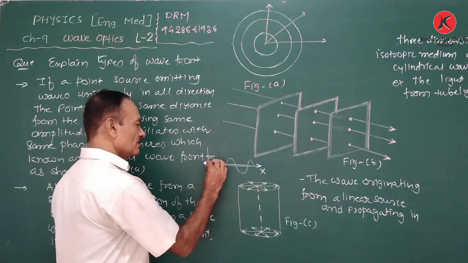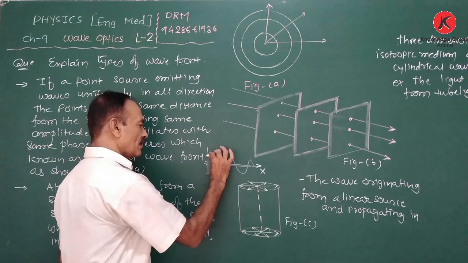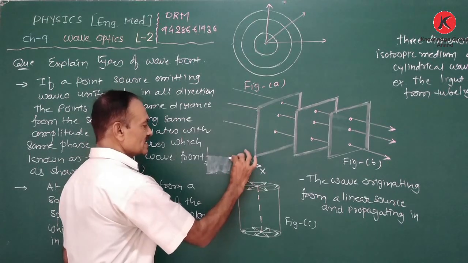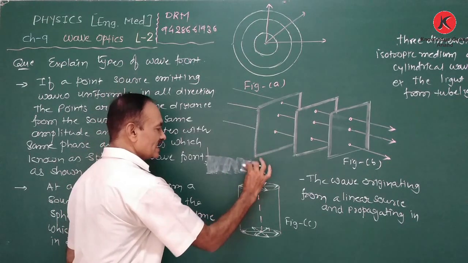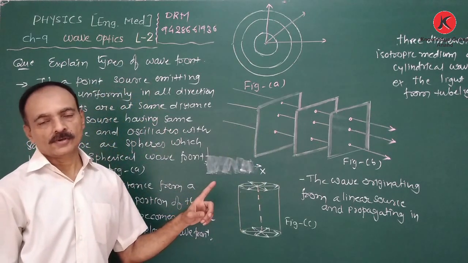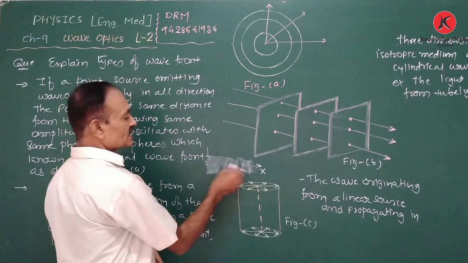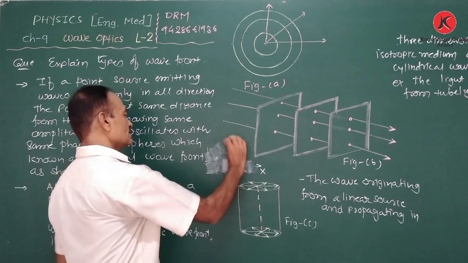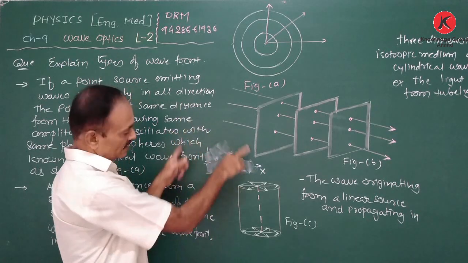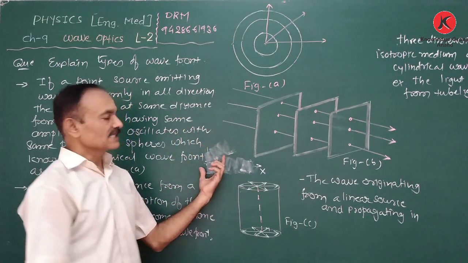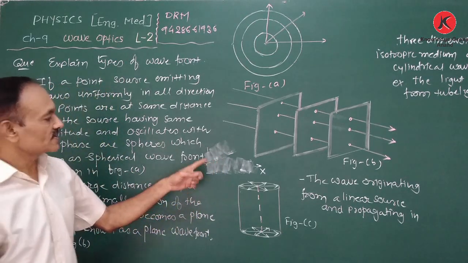The particles of the medium oscillate about their mean position this way, and this disturbance propagated in this direction is known as a wave. In water, the disturbance is propagated in all directions like this, and as a result we obtain a circle.